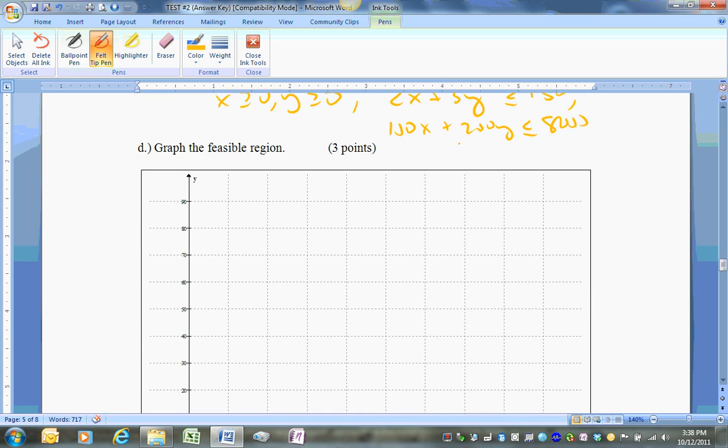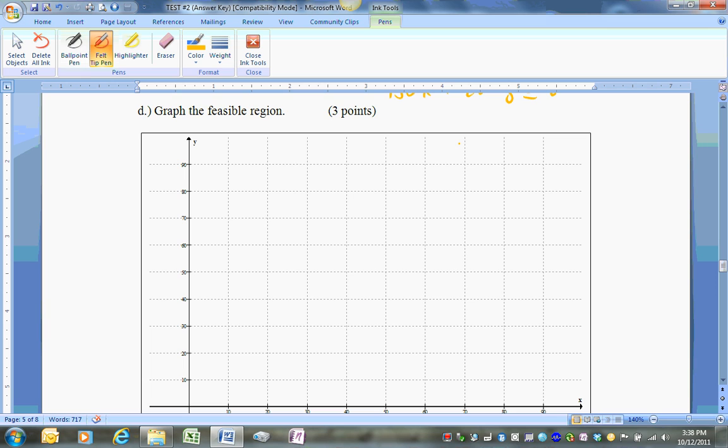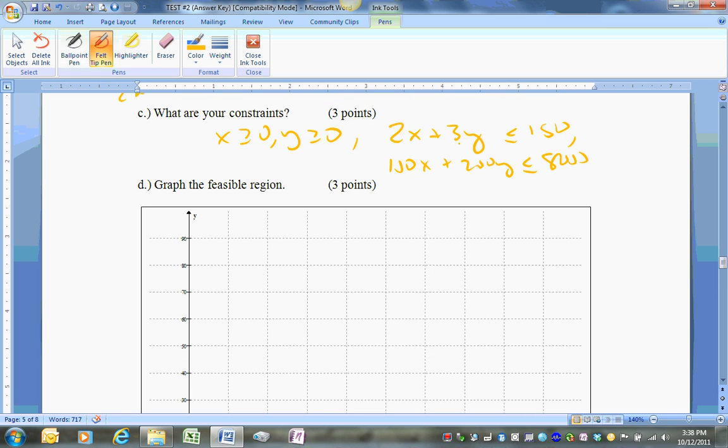Now you want to graph the constraints. And here's what we'll do. Let's find the x and y intercepts for each of these. 75 and 50 for the constraint that dealt with cost, and then it will be 80 and 40 for the hours.